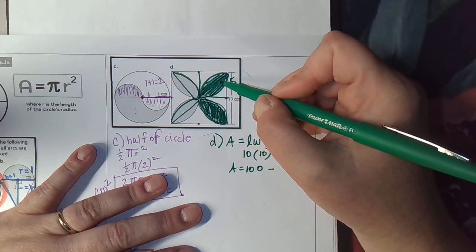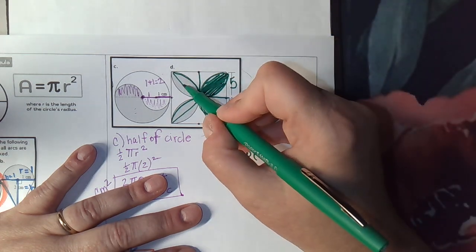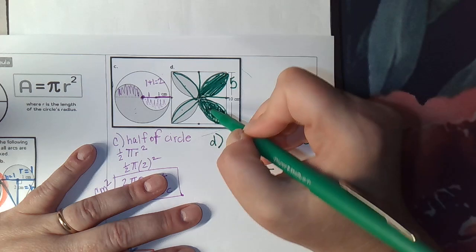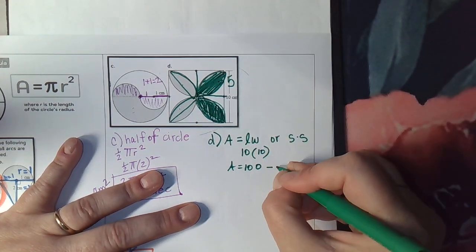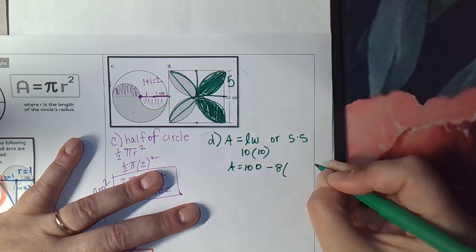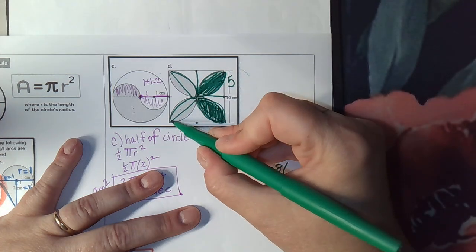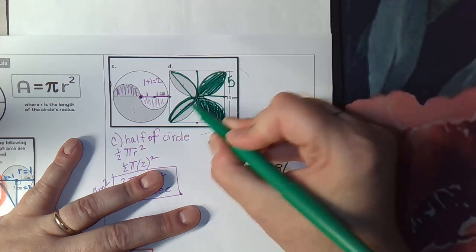Okay, so that's 2 semicircles for each leaf. 2, 4, 6, 8. So we're going to say minus 8. And we're going to pretend that these are semicircles.